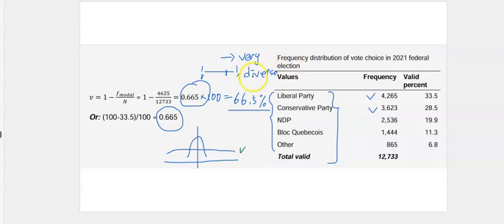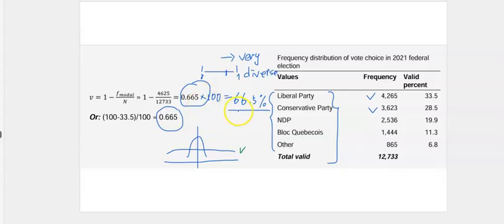So you obtain one minus, and what is the central tendency of the mode here? The Liberal Party is 4,265. What is the total? It is 12,733. So you divide the frequency of the mode by the total number, and you obtain 0.665. This is very close to 1. So we can say that this data is quite variable.